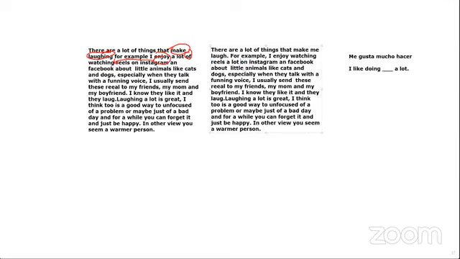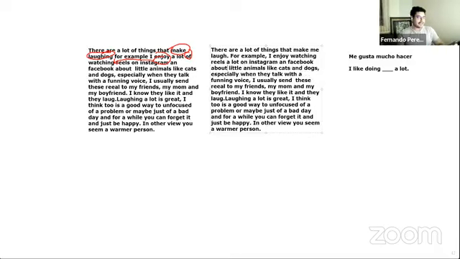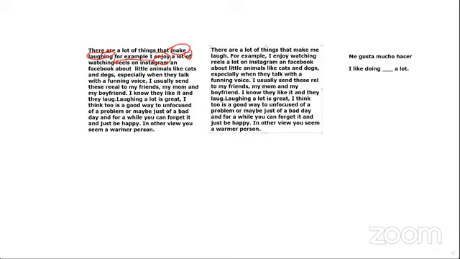I enjoy watching reels a lot on Instagram and Facebook about little animals like cats and dogs, comma, especially when they talk with a funny voice. Your algorithm. I usually send these reels to my friends, my mom, and my boyfriend.